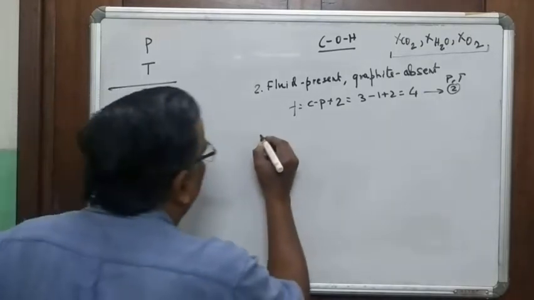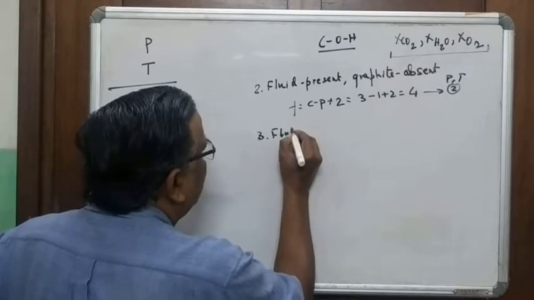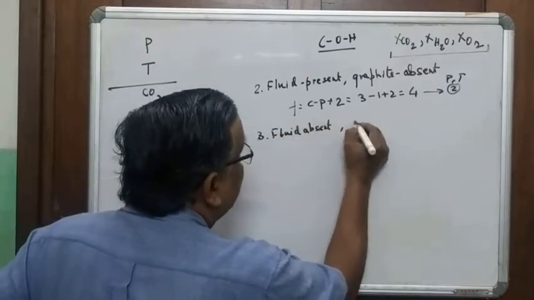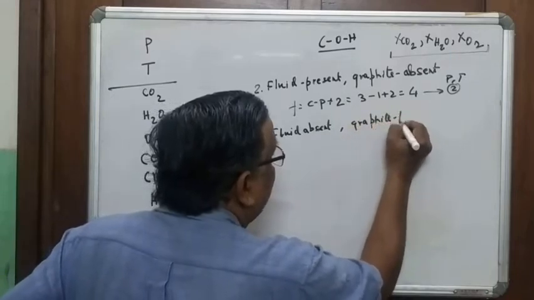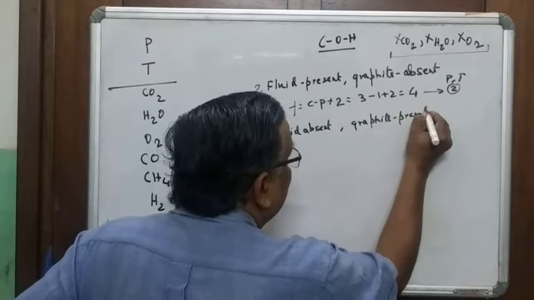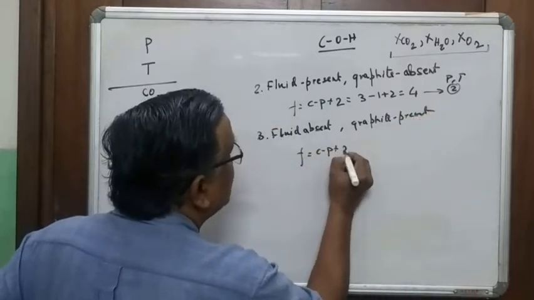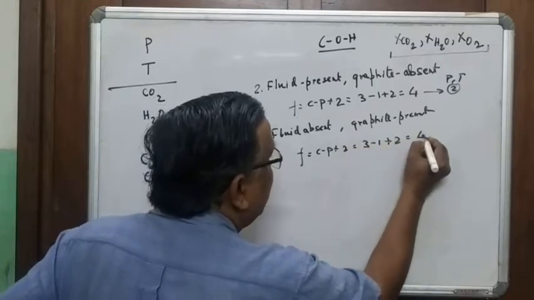Similarly, if you have case number 3, where you have fluid absent and graphite present, I will have F equal to C minus P plus 2. Again it is 3 minus 1 plus 2, and again it's 4.